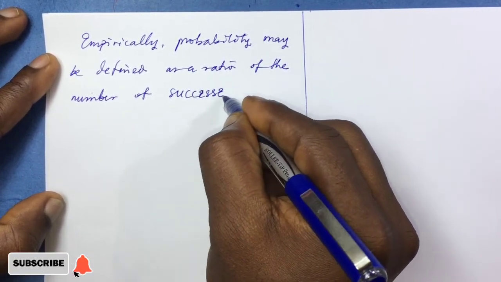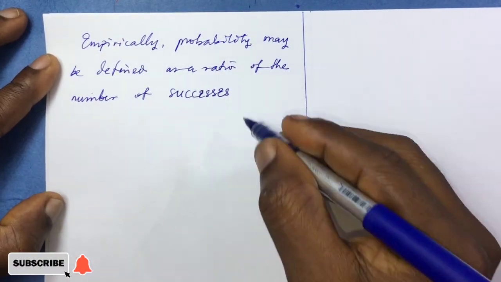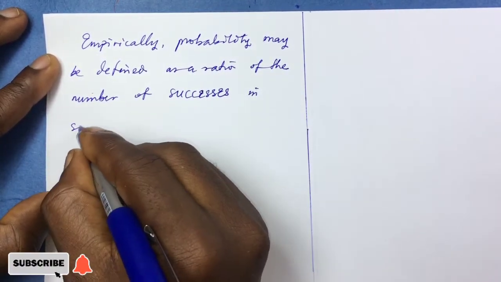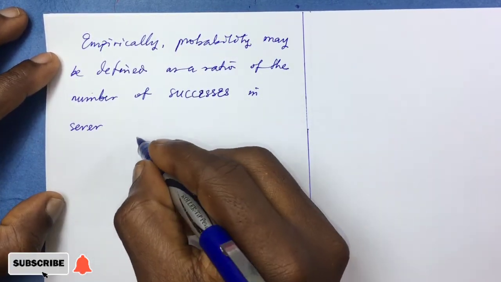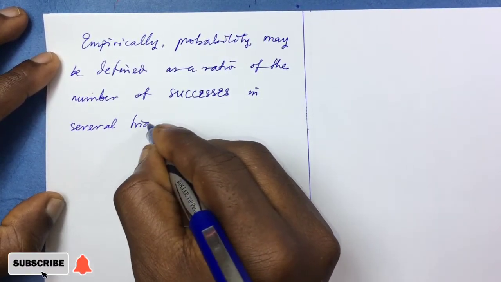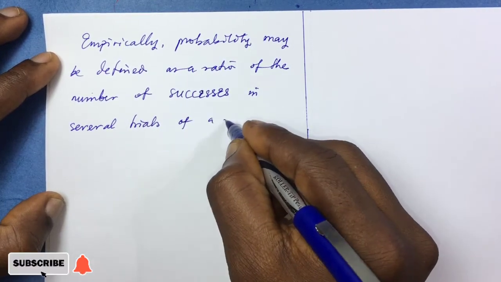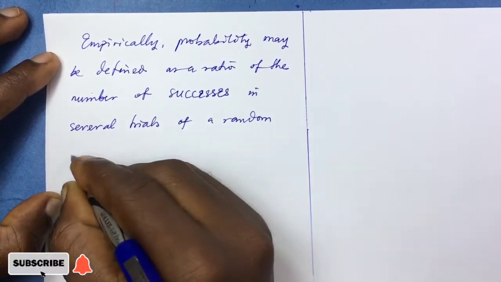So take note of this word, successes. It can be defined as the ratio of the number of successes in several trials of a random experiment, okay?